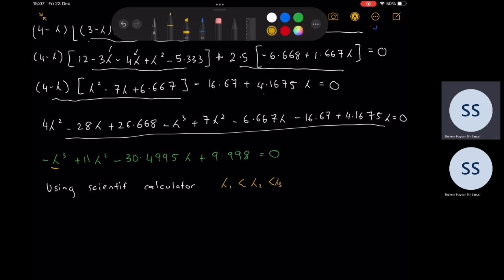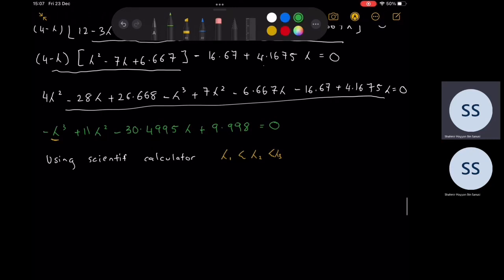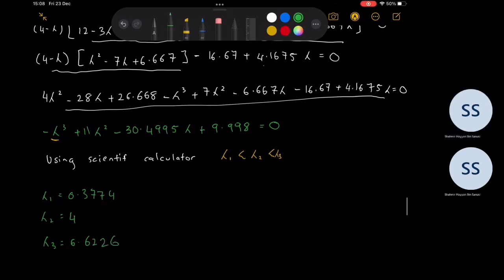Okay, so if for example I got 0.3774, 6.6226 and 4, rearrange it so that the first lambda is smaller than the second lambda and so on. So lambda 1 from the calculator is 0.3774. Lambda 2 is equal to 4 and lambda 3 equals to 6.6226. And remember that lambda is actually omega squared.